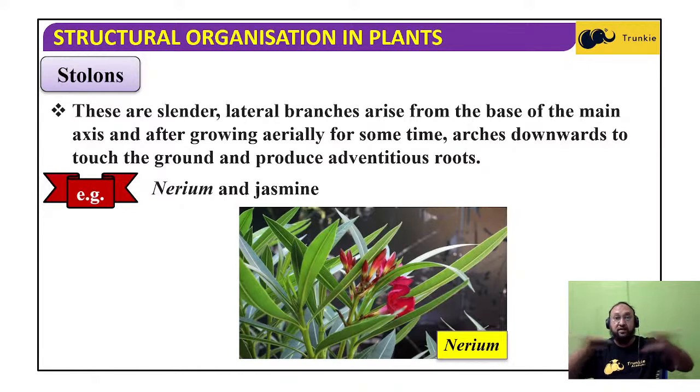If this is the main axis, they arise laterally from the base, grow aerially for some time, then arch downward to touch the ground and produce adventitious roots.